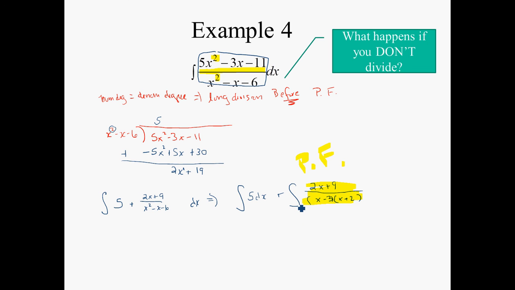So I'm going to drop the calculus and go up here and say that 2x plus 9 is equal to, I don't know, A over one factor plus, I don't know, B over the other. Multiply through by the common denominator to get one equation without any fractions.